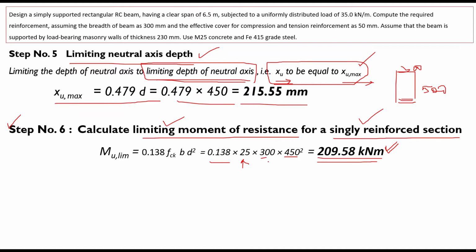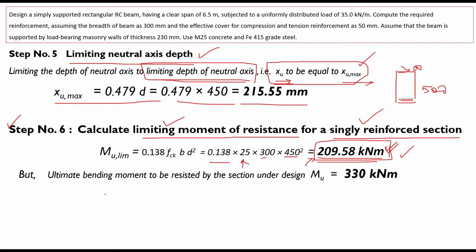You can compare this, that is quite greater than this value. So if you are designing it as singly reinforced, then this much moment it can take. If the bending moment is more than this Mu limited, then you have to go for the doubly reinforced section.